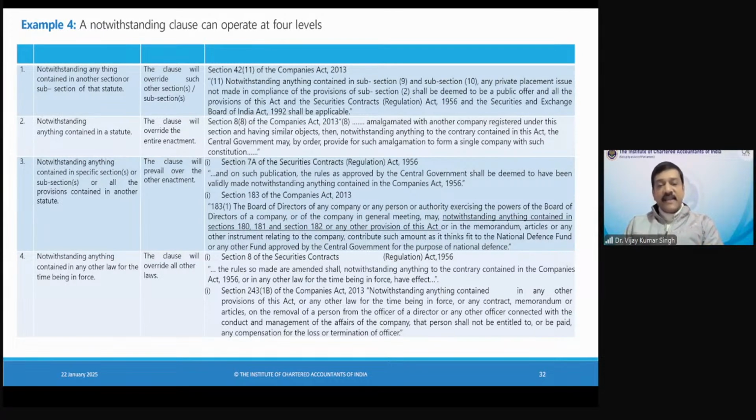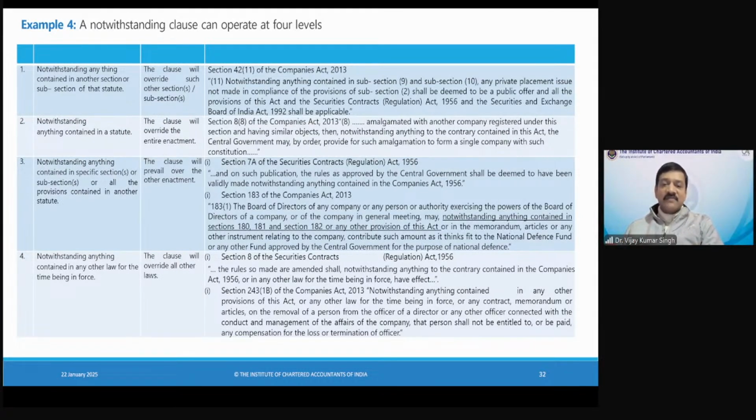Here they are saying, and on such publication, the rules as approved by the central government shall be deemed to have been validly made, notwithstanding anything contained in the Companies Act 1956. So the Securities Contract Act is referring to the Companies Act and saying whatsoever has been mentioned in the Companies Act, that is not going to affect what we are saying here in section 7A.